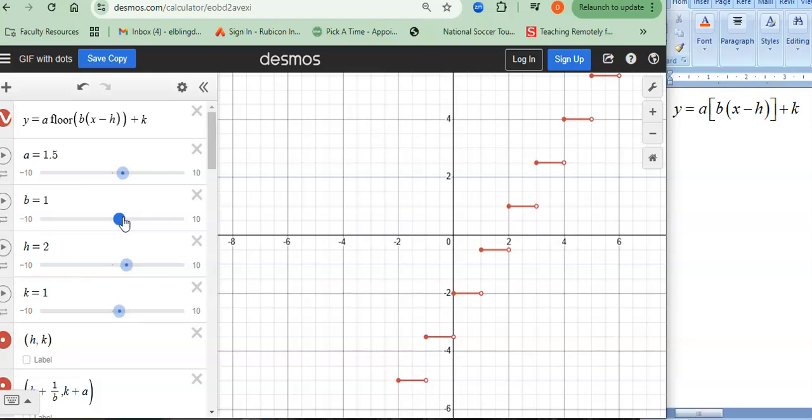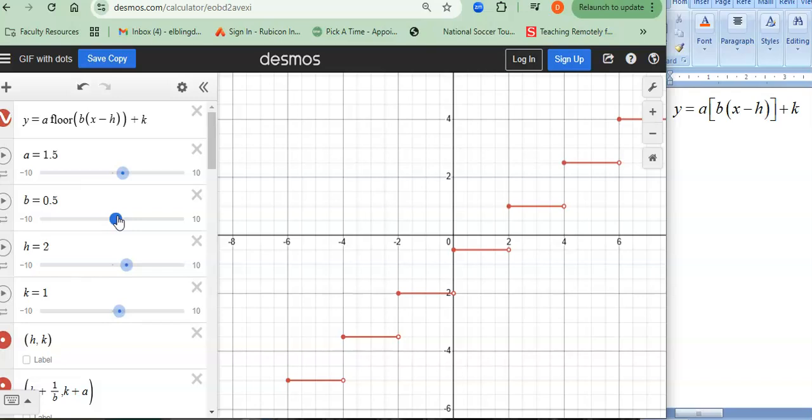The B value right now is 1. If I make B, let's say 2, notice what happens visually. If I make it 3 or 4, notice what happens visually. If I were, on the other hand, to make it a smaller number than 1, like 0.8, 0.7, 0.6, 0.5, what's happening is that B has an impact on the step length, but it's an inverse one.